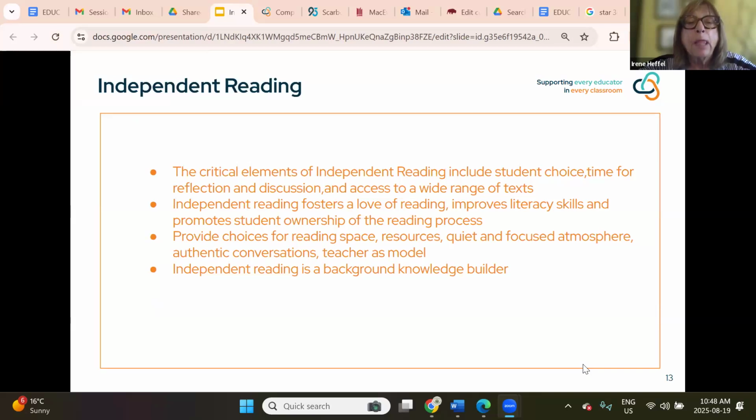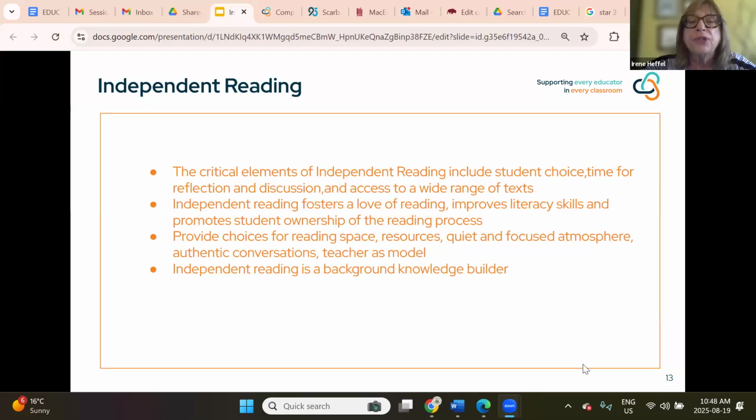Independent reading is another component of literacy instruction. Independent reading includes students' choice, time for reflection and discussion, and access to a wide range of texts. Students need to be able to know what they like to read, find it, and realize they can read that text.